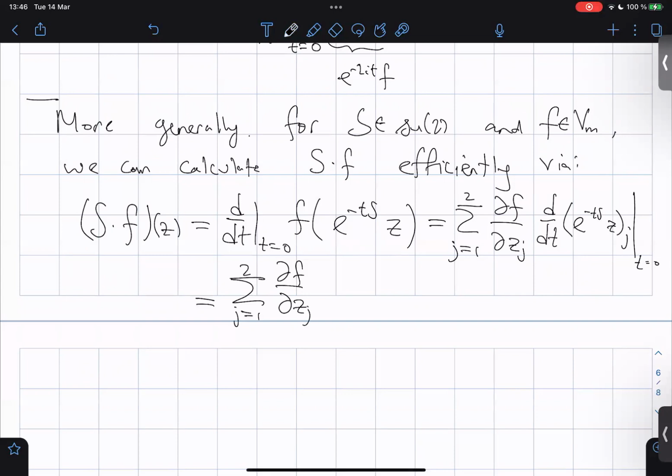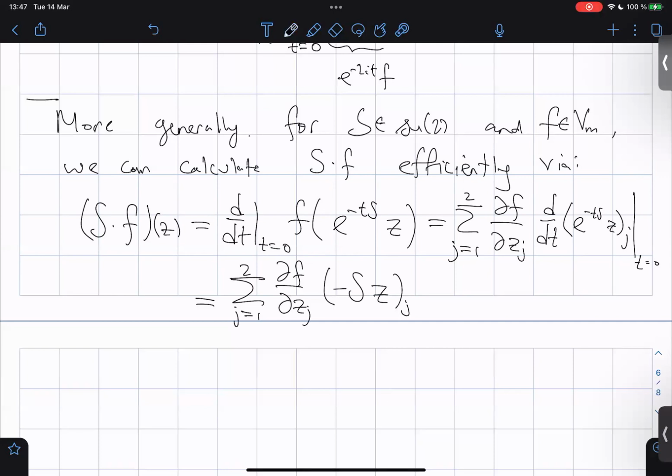I have minus S Z, jth component. When I take this derivative, I would normally get minus S coming out front multiplied by an exponential, but since I'm evaluating at t equals 0, I only have this minus S coming out here.